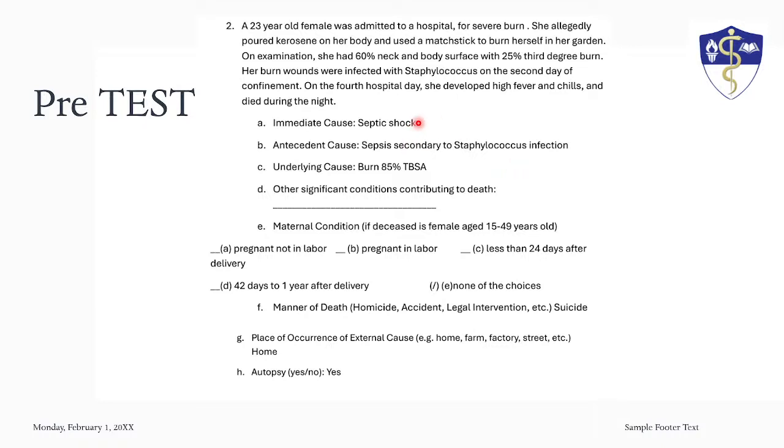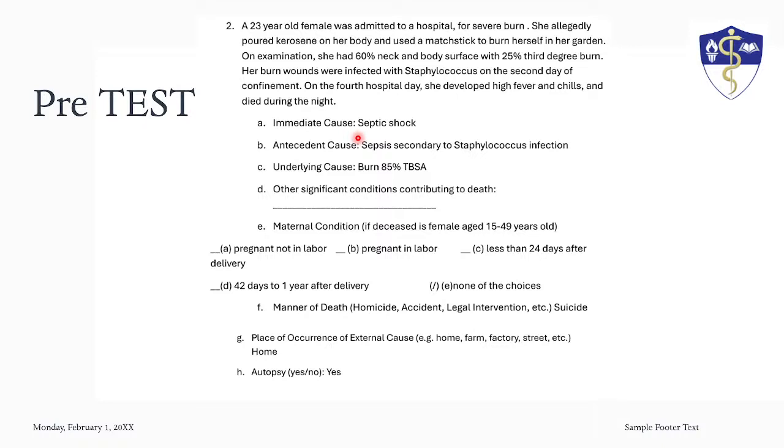Maybe you can omit it, because there is something else that is much better here. So for staphylococcal infection, we're going to go over how you're supposed to write this down. Sepsis is not used anymore. There is a way to put that in there without using it. So we're going to go back to this example and answer it correctly as we go along.